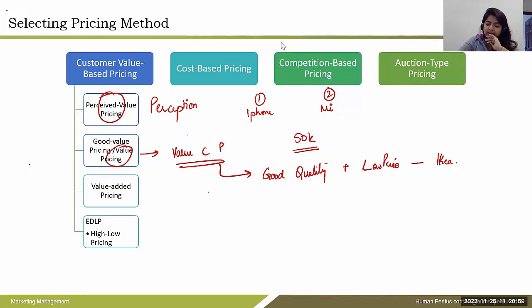Any brand, any product? Good quality, low pricing. People are saying okay, I can't really say that I'm a fan of this brand, but yeah. A lot of people had initially started buying Patanjali because of this. They thought that it is good quality and low pricing. Okay, initially, not now.